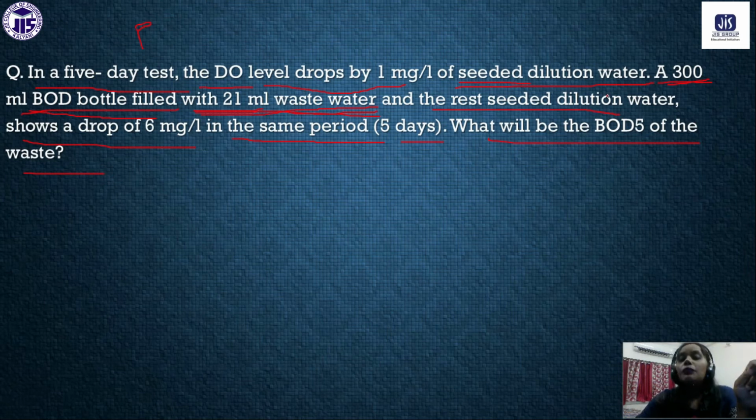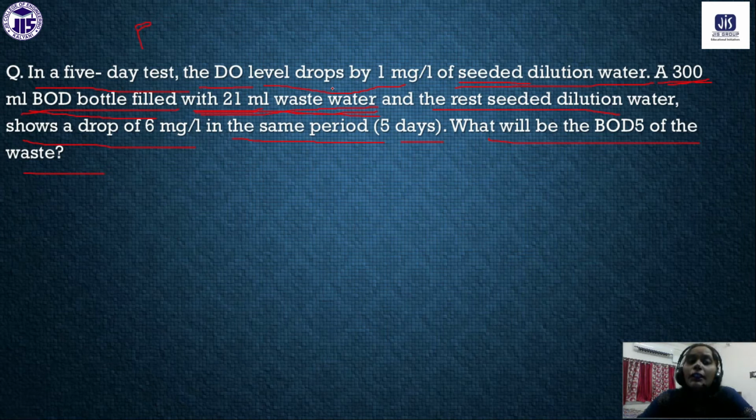So seeded water means we are additionally seeding the water with microorganisms from outside to complete the reaction. Understand?